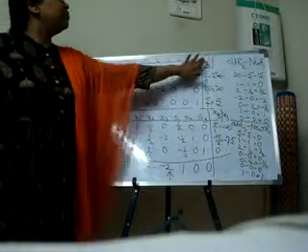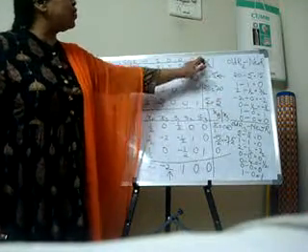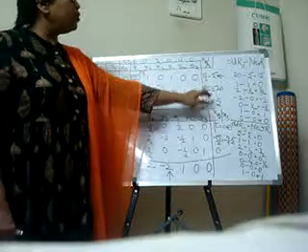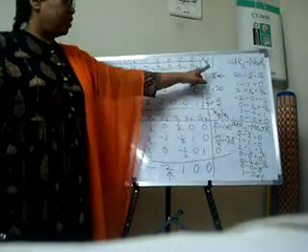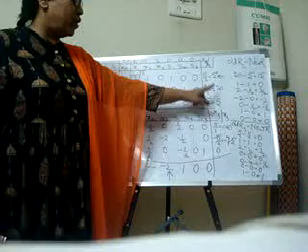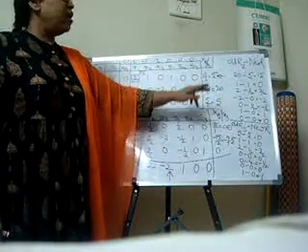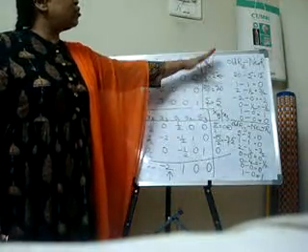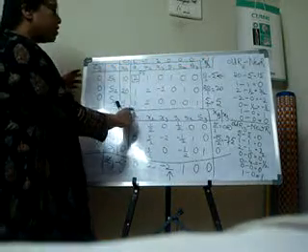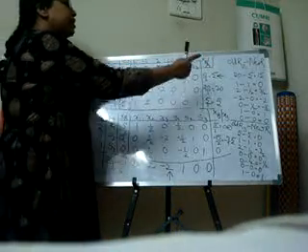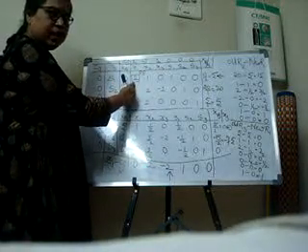We found out xb by x1, this ratio xb by x1, and we got all positive values, but there is a tie between the first row and the third row. If there is a tie, we choose the topmost one. So the first row we have chosen, the first column we have chosen, and the intersection of the first row and the first column is called the pivotal element.